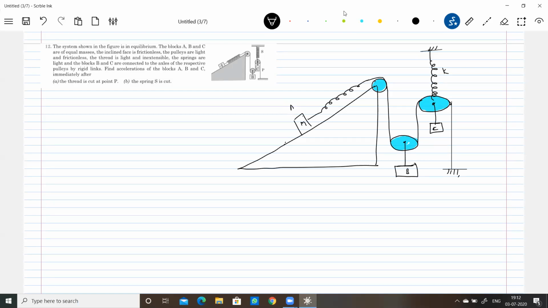What to do? Springs are light and massless, and block B. Let's find the acceleration of blocks A, B, C immediately after this. The angle of inclination is needed, no?